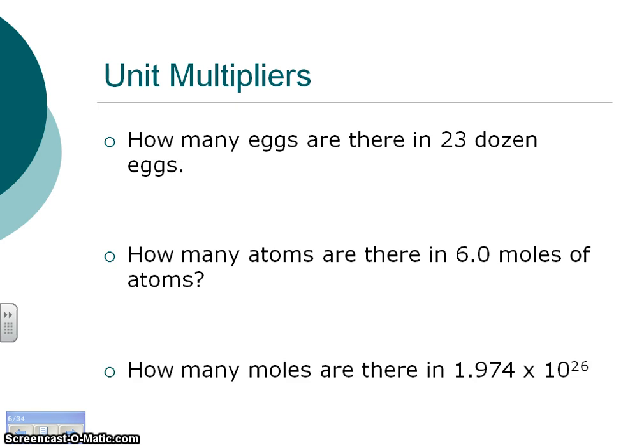Now, if we wanted to go backwards, if we wanted to go from atoms to moles, all that's changed is our starting point. We have 1.974 times 10 to the 26th atoms. We're going to set up a unit multiplier, and we know that we want to get rid of atoms, so atoms will go on the bottom. Up top will go mole.